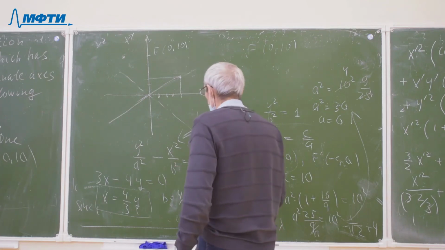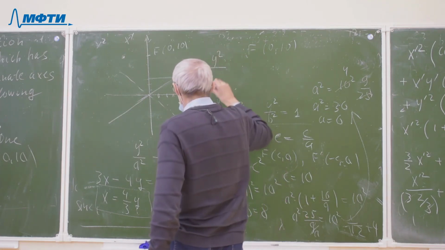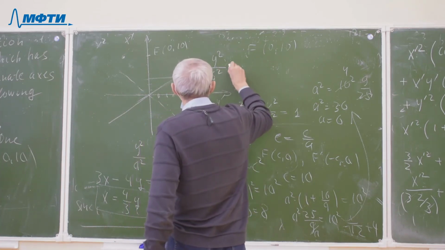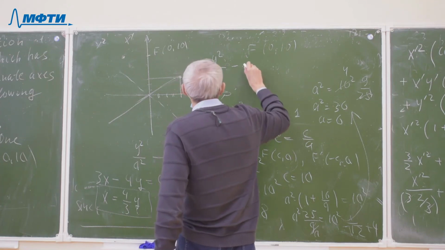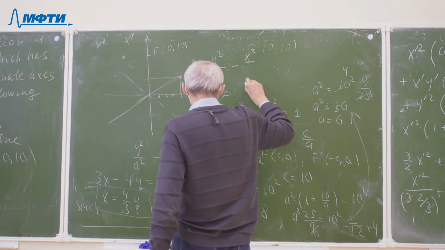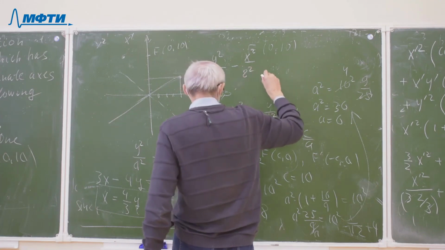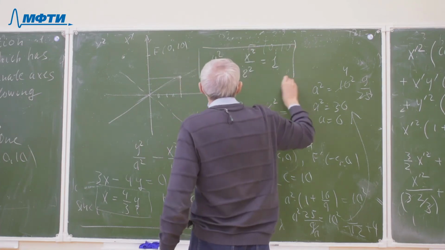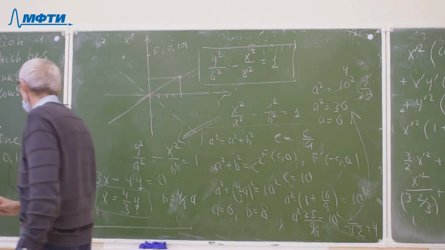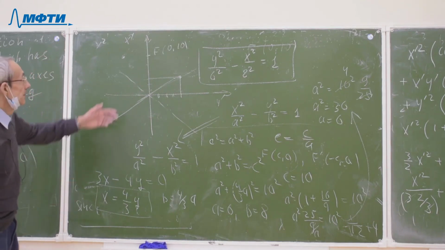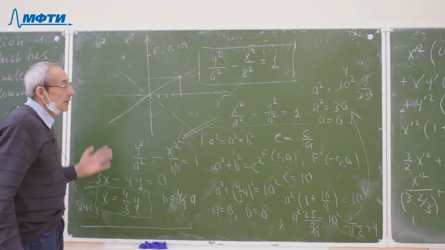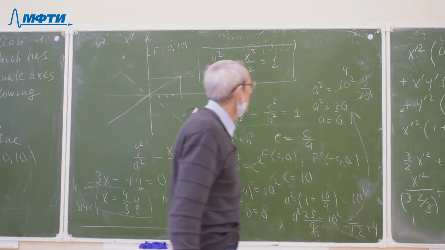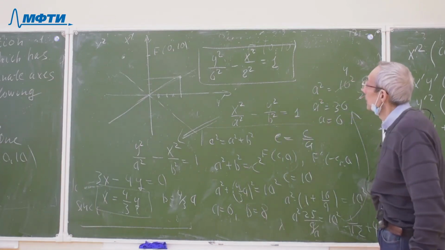We obtain the following equation: y square over 6 square minus x square over 8 square is equal to 1. After that we can calculate the equation for the directrices.